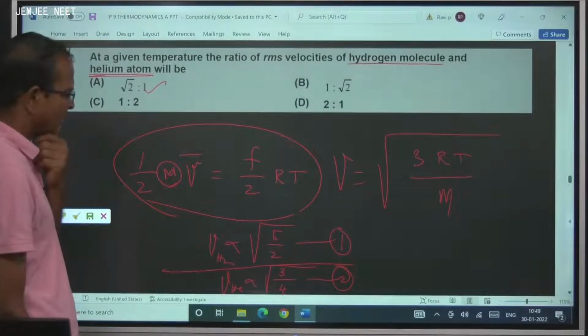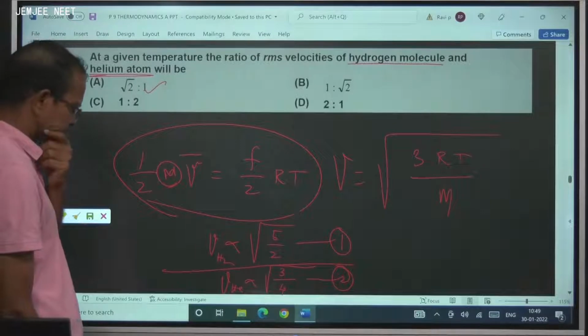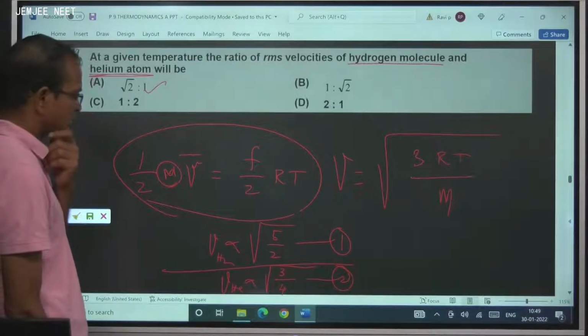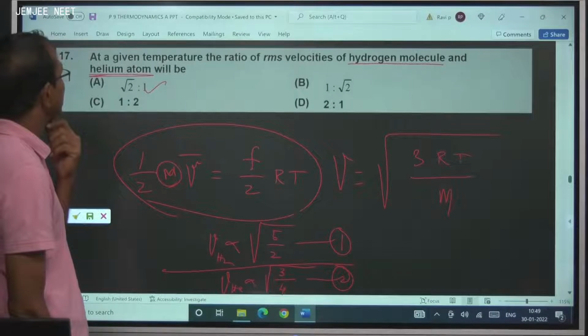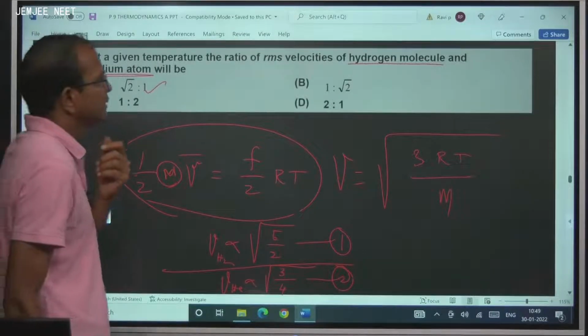Some different answer is coming. What is this? What mistake did I make? Is it right? Anywhere I did mistake? At the given temperature, the ratio of RMS velocities of hydrogen gas.